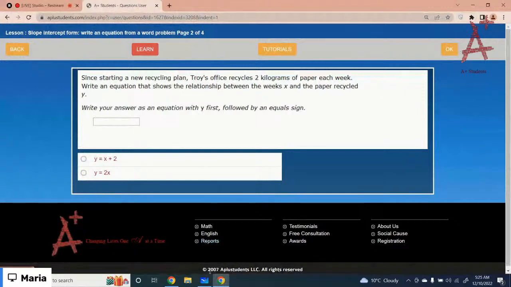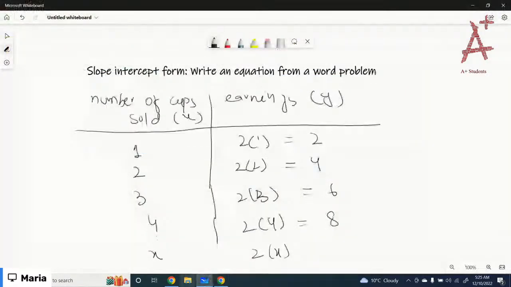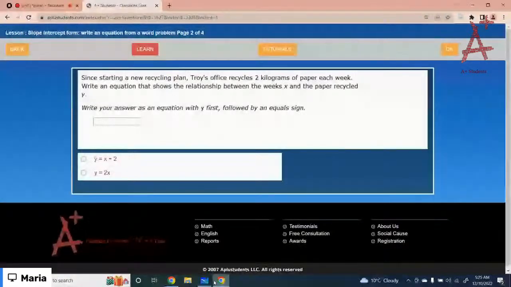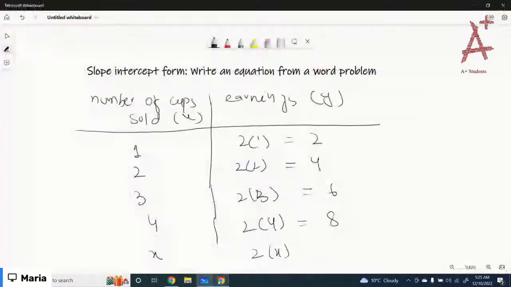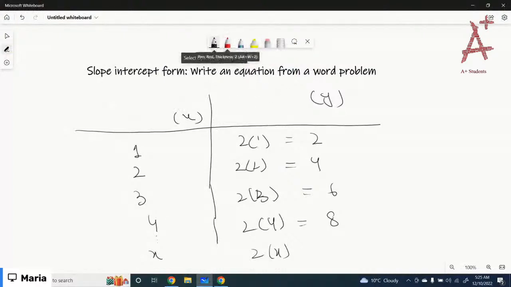Just replace the variables. X is the weeks and Y is the paper recycled. So that is actually the relationship.